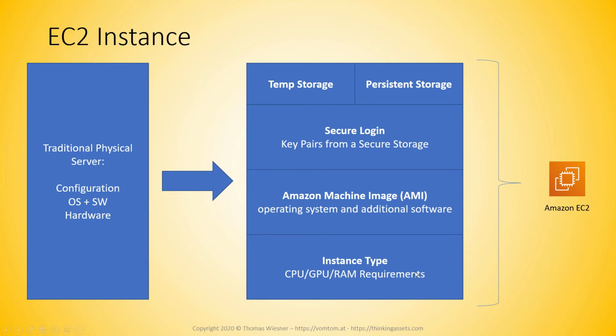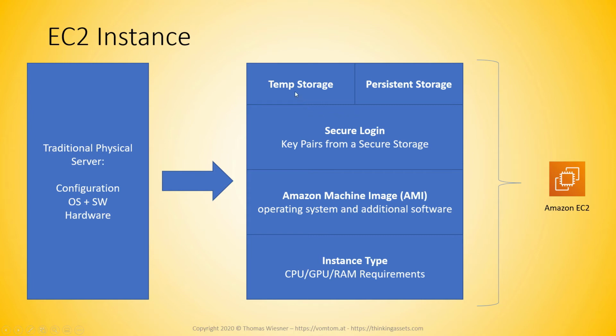So we say we want one CPU with 2 gigabytes of RAM, and then we have an operating system on top that is done via an Amazon Machine Image. It doesn't have to be Amazon Linux. It can be just an image of an operating system. It can also be Ubuntu or Red Hat and so on. And then on top, Amazon puts a secure login, your key pair, your public key, into this Amazon Machine Image.